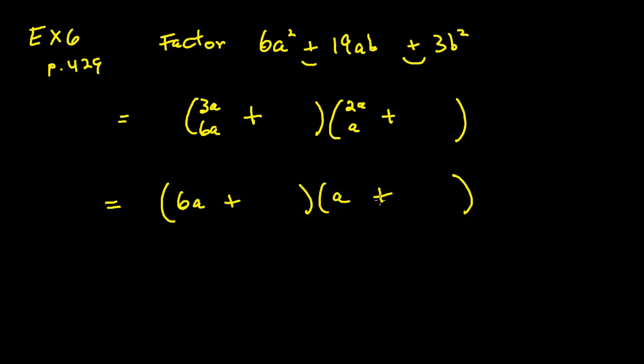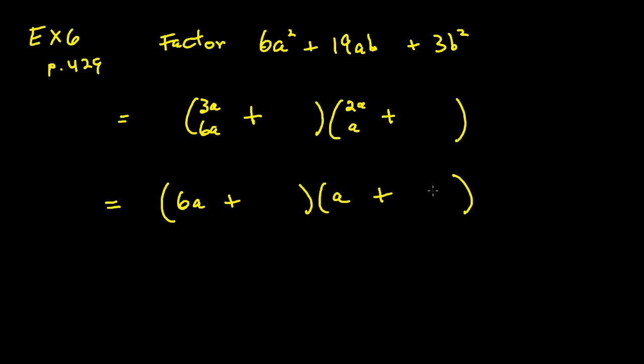Now I'll try to adjust my last slots. Again, you want the last product to be 3b squared. Well, there'll have to be multiples of b in the last slots, and the 3 is, of course, prime. So let's see, 19ab, you want your outer and inner product to add up to 19ab.